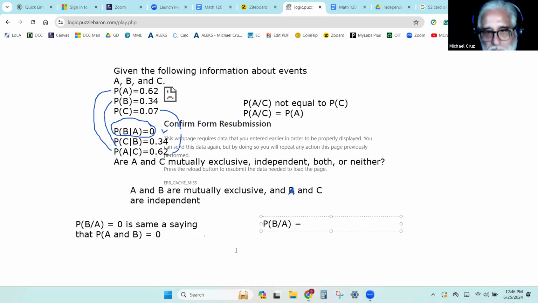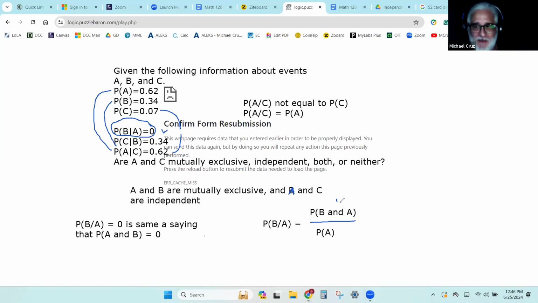So that would be equal to. Let's think about this a minute. If this is 0, then this is going to be 0.